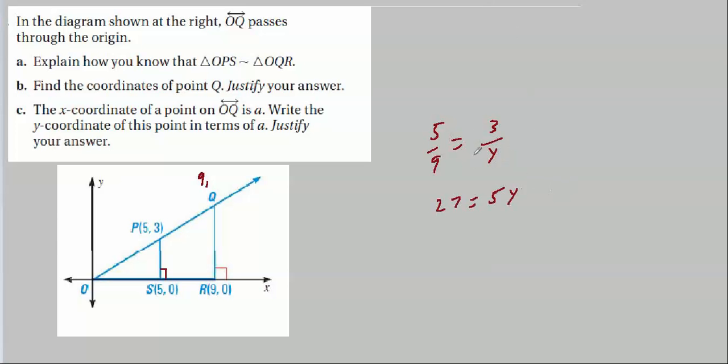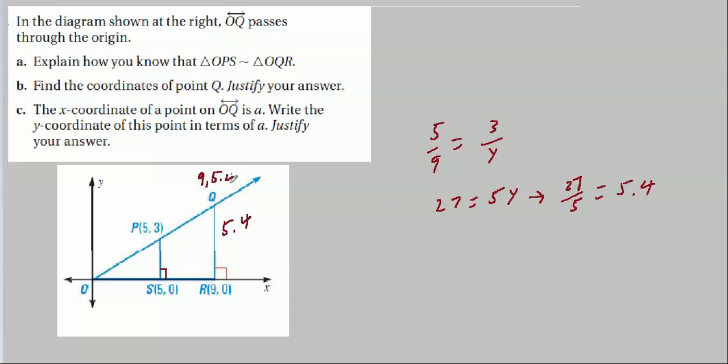So y must be 27 over 5, or 5.4, I think. Either one would be good. So this length here, we'll say it's 5.4, which means that our y coordinate here must be 5.4.